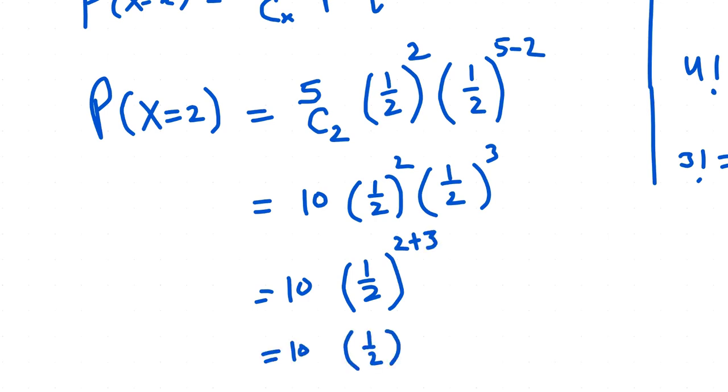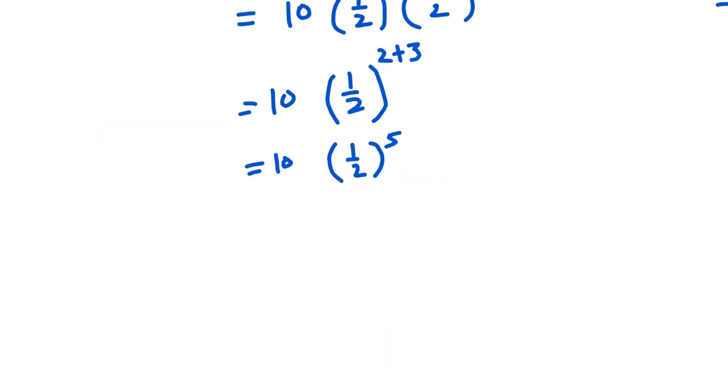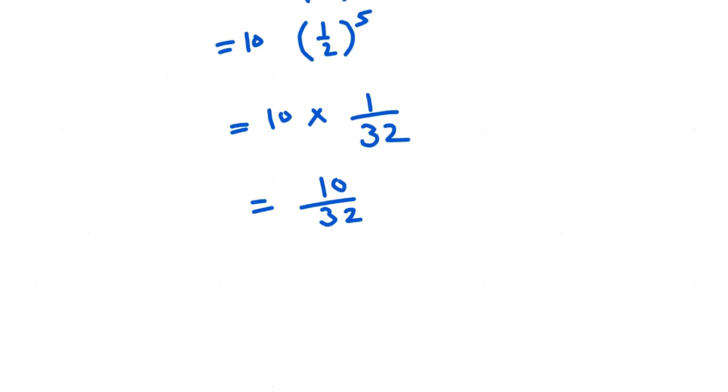If you use a calculator to find 1 by 2 to the power 5, you will have 1 by 32. So you will have 10 by 32, or you will get 5 by 16. This is for x equal to 2, the probability of getting exactly 2 heads in 5 tosses.